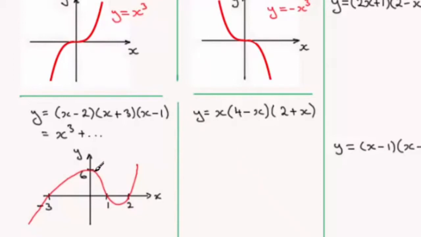The curve will always tend to peak round about the midpoint, not exactly the midpoint, but the midpoint of this width here. So it's going to peak somewhere round about here. So what that means is that the curve is going to come up through the -3, peak somewhere between -3 and 1, okay, roughly around the middle.